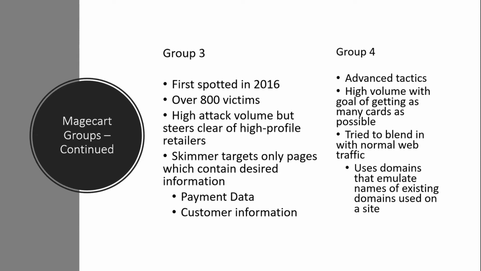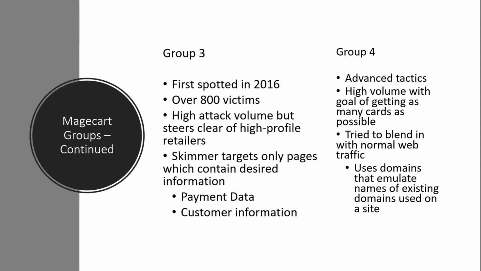Their skimmer is unique in that it targets only pages which contain the desired information. So they're going to focus on basically only the checkout pages or the payment pages of websites to skim payment data, customer info, addresses, phone numbers, things like that.